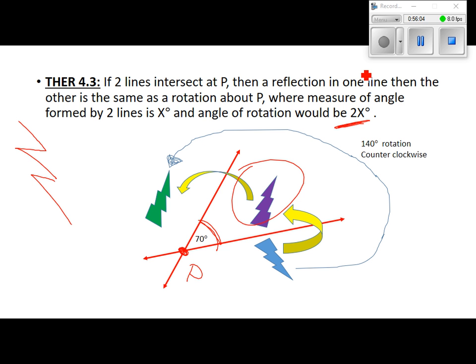Now, we got to know how much to rotate it. And a way we figure out how much to rotate it is this angle right here, which is our x. We double it. So how much do we rotate it? 140 degrees.